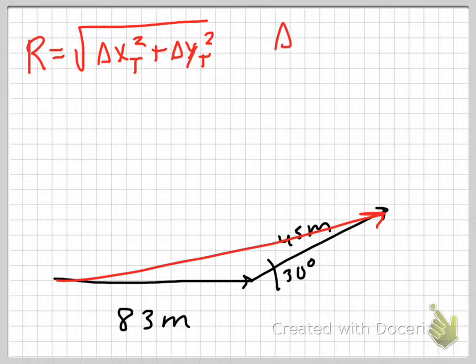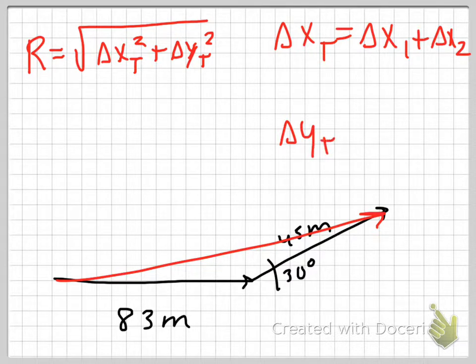Now, I'm going to do this further. Delta x total equals delta, in this case we only have 2 displacements, delta x1 plus delta x2. Delta y total equals delta y1 plus delta y2. And I'm going to add in some other color coding.